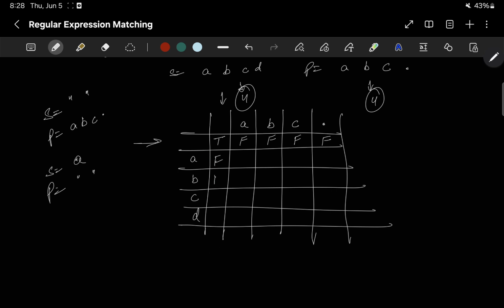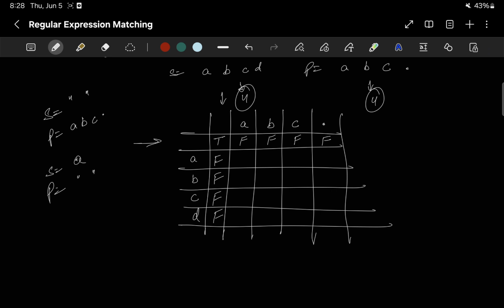We don't even need to calculate it. Here at least we compared. If it were star, we would have made it true, maybe. I will explain that case later. But for now, we know that this table is filled this way.